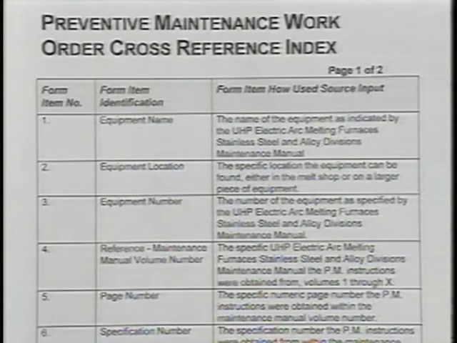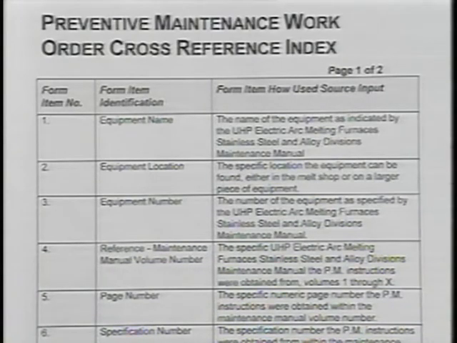The second column indicates the form item identification. So if you were to go back to page 8, bubble number 1 says it is the equipment name, and then the right-hand column indicates the form item and how the source input is used.